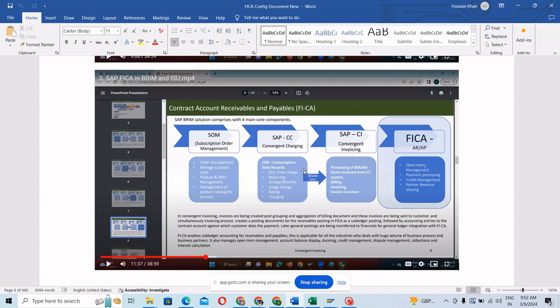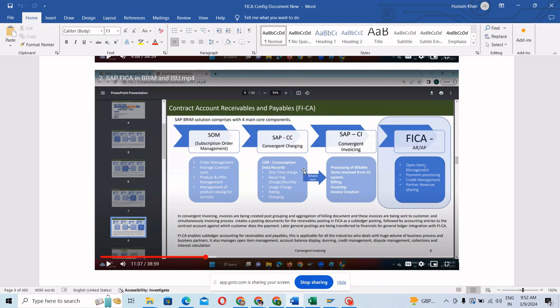Okay, in FICA, the data in BRIM is huge. Let's suppose a subscription has been taken by any customer, and that subscription is paid daily, monthly or weekly.